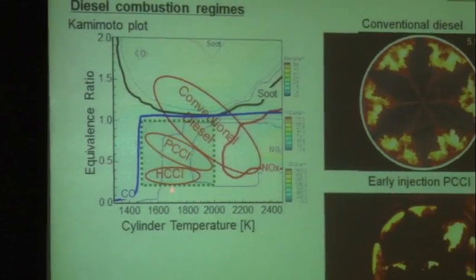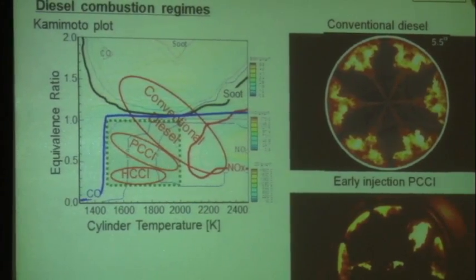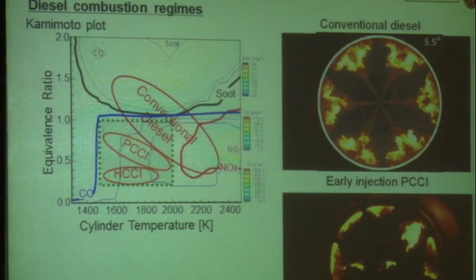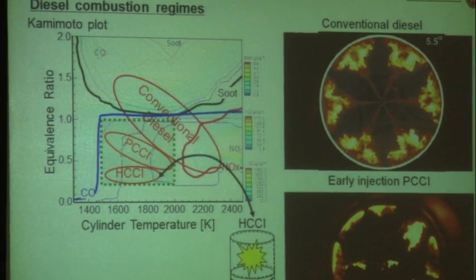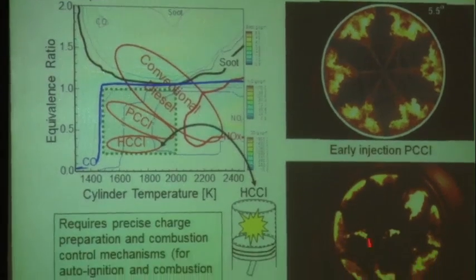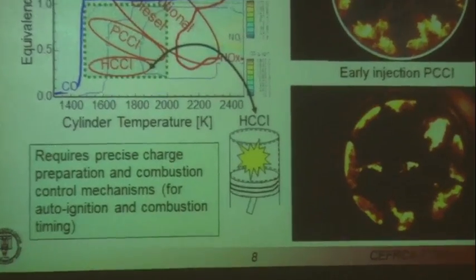But you can see there's a close connection between the two. You're operating in that clean regime. Homogeneous charge compression ignition, unfortunately, doesn't offer you the same type of control that you would have with a direct injected engine.